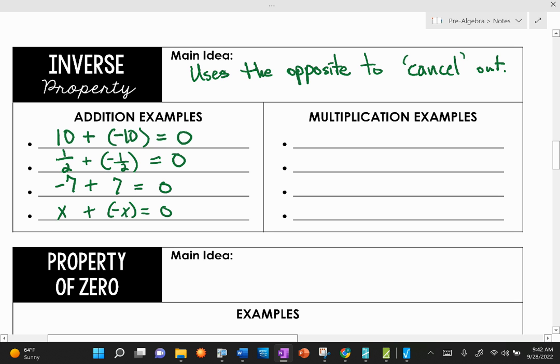Okay, so for multiplication, when we say cancel out multiplication, what are we actually saying? It's actually not down to 0. Because if we take a number and we're multiplying it, to cancel it out, we actually want to turn it into a 1.